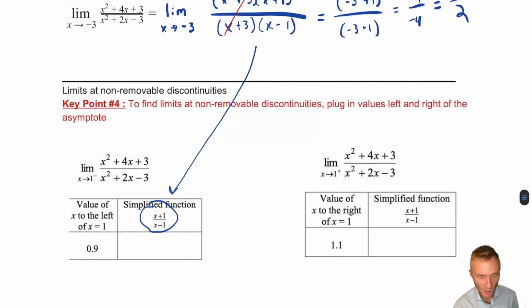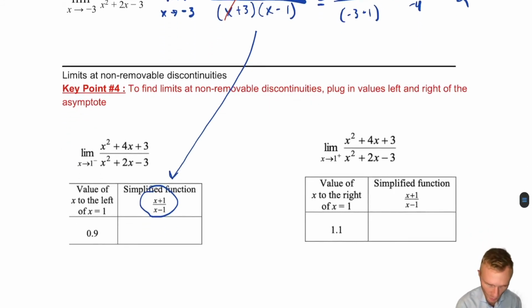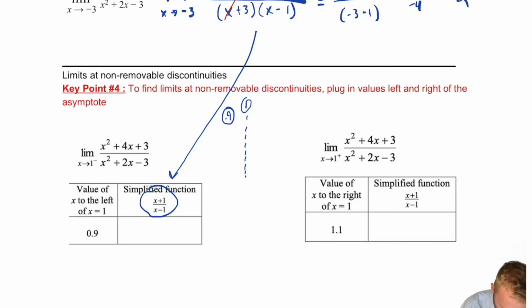So let's pretend we plugged in 0.9, right? So we've got our vertical asymptote. It's at 1. We're basically just going to test what happens slightly to the left of that number. So we plug in 0.9. We'd have 0.9 plus 1, we'd have 1.9 over 0.9 minus 1.